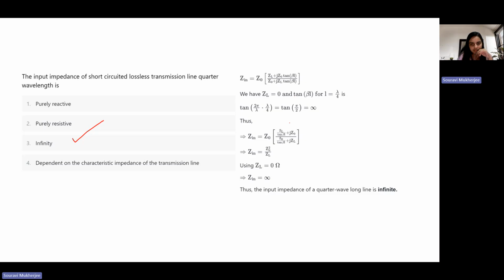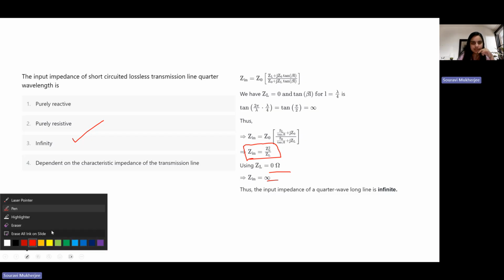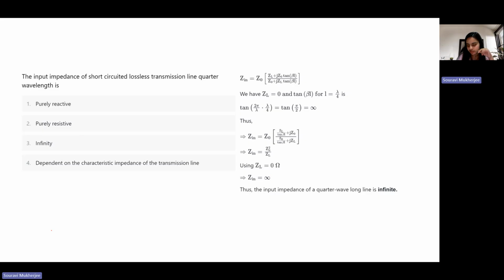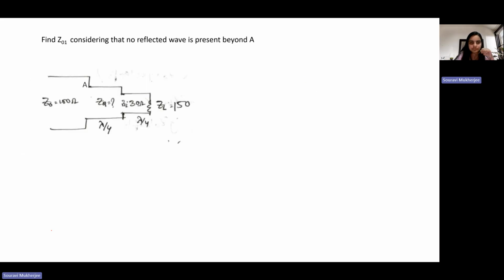So the input impedance of a short circuited lossless transmission line of quarter wavelength is infinity. Basically Zin is equal to Z naught square by ZL. ZL is 0 because it's a short circuit, and therefore Zin is equal to infinity. So all these kinds of questions that directly use the formulas that we have been discussing are pretty common.